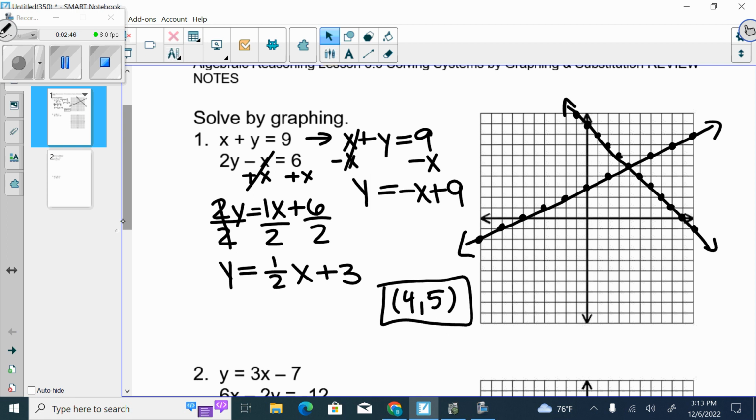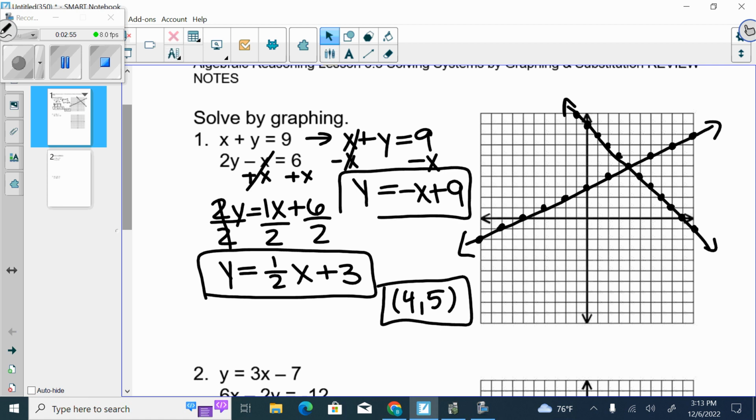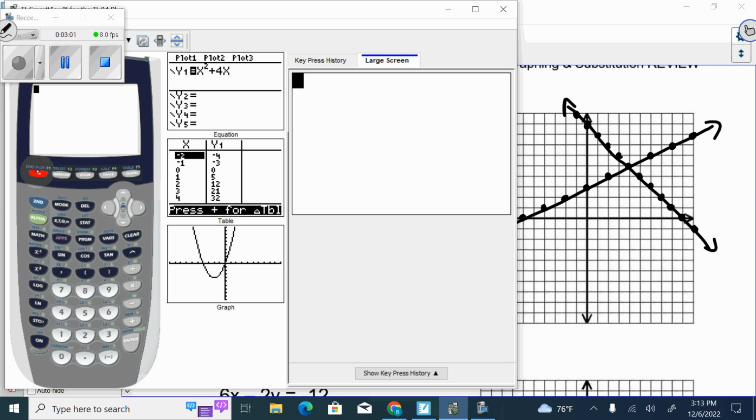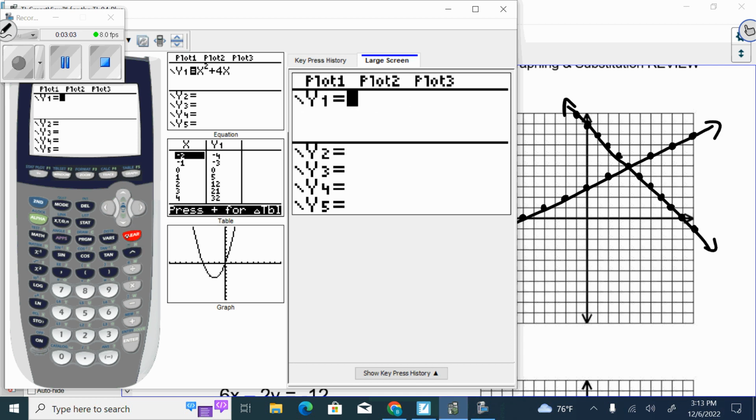Okay, also just a reminder, you can do this in your calculator as well. So you would take these two equations that we came up with and put them in y1 and y2 in your calculator. So let's double check our answer that way. I'm going to go to y equals, in y1, we'll put our first equation that we came up with, which was negative x plus 9.